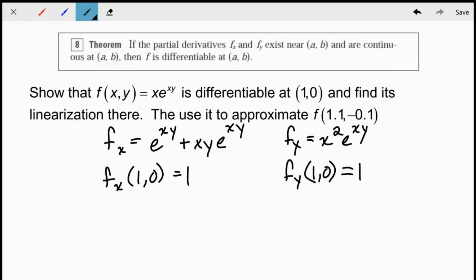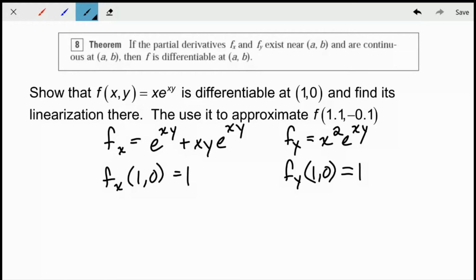of 1. Now, both of my partial derivatives exist at that point, and I know that these partial derivatives are continuous because I don't have any points where e to the xy is going to fail to exist. I don't have a rational function. There's no issues here with the partial derivatives being continuous, so I know this is going to be differentiable at that point.